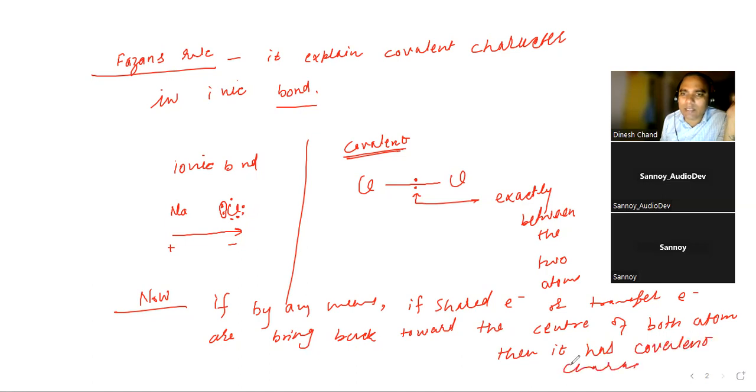Ionic bond and covalent bond differ in only one aspect. In ionic, the shared or transferred electrons are towards the extreme right, and in covalent, the electrons are in the middle. Are you getting my point?